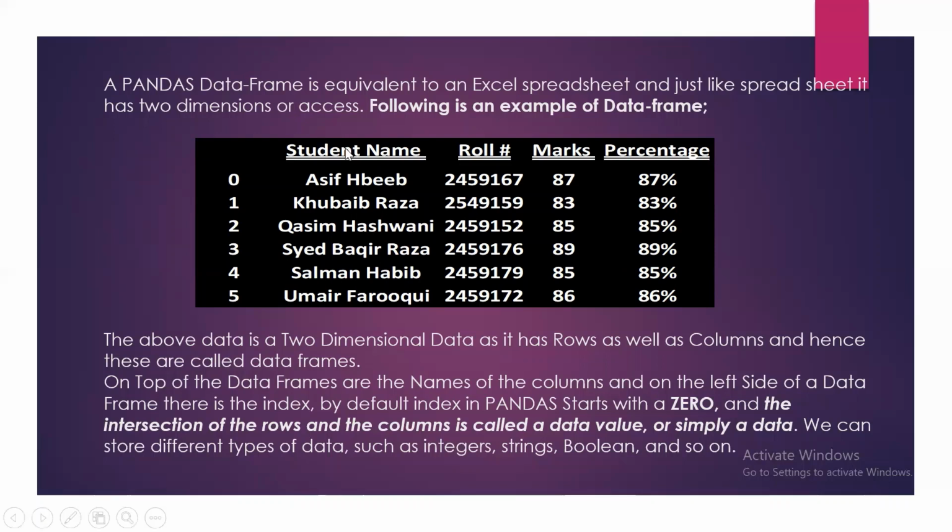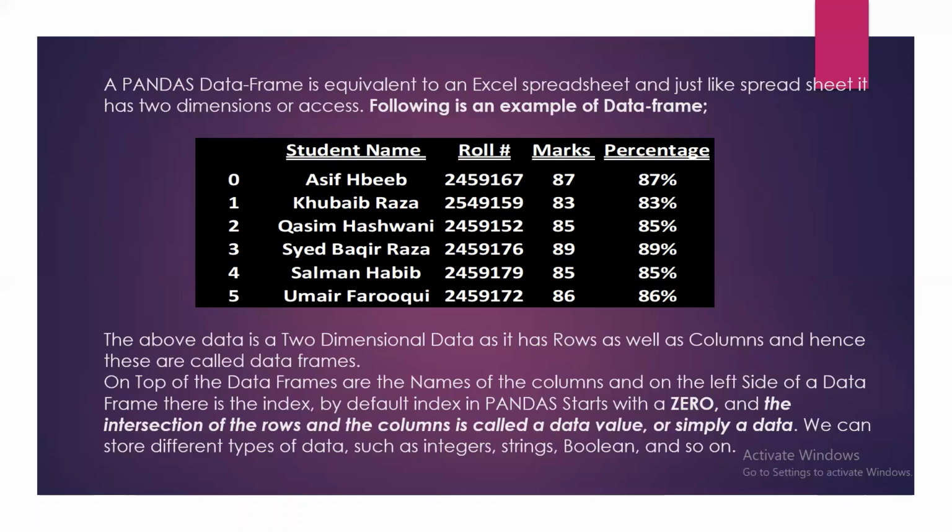On the top of the data frame, there are names of the columns which represent the characteristics of the data contained in the respective column. And the rows show the index number, which starts with 0. The intersection of each column and row is the data value on which we are working.